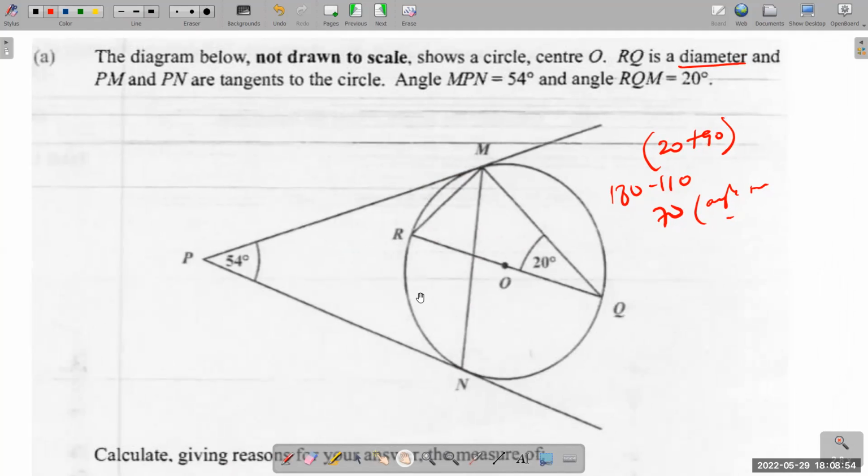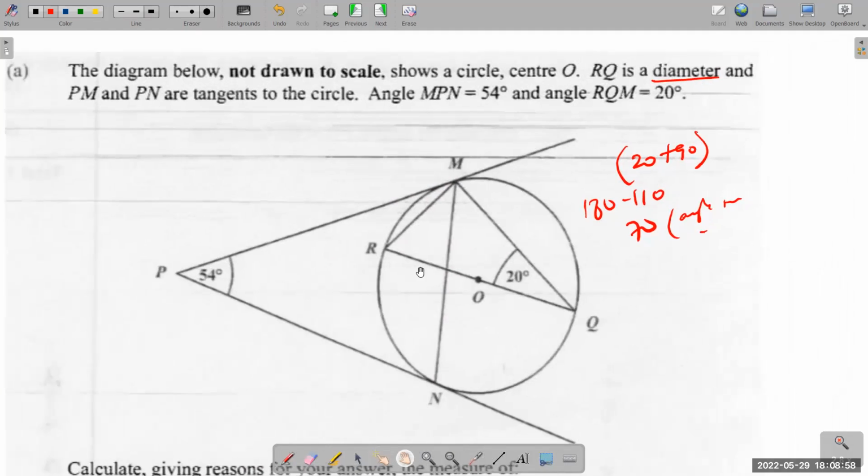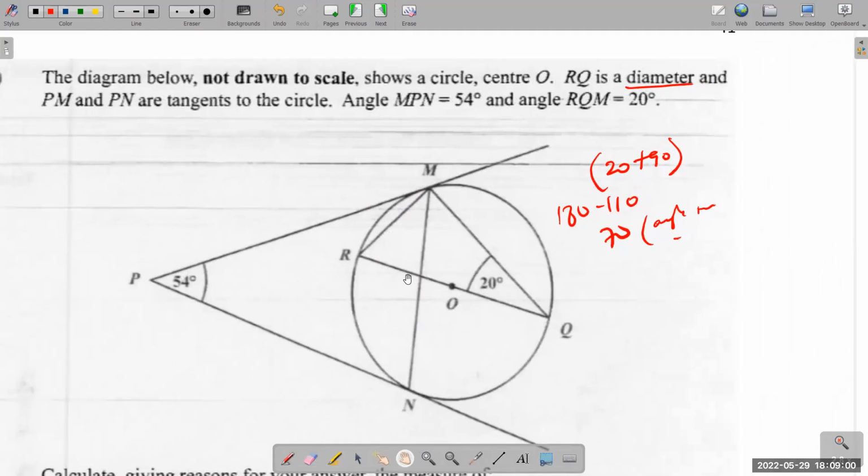So one person thinks it's 20. But how do you get 20? This is a straight line. Agree or disagree? Angle M and angle Q? What do you agree with?